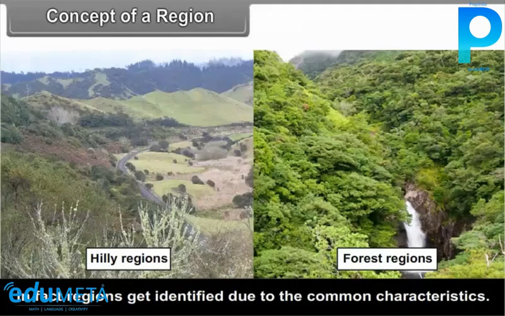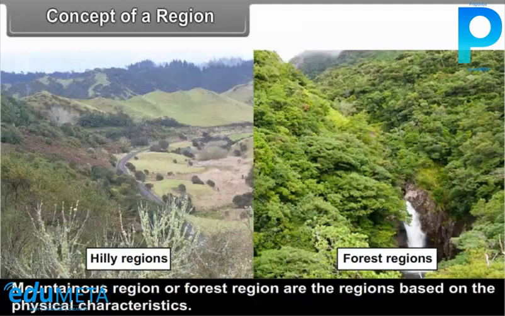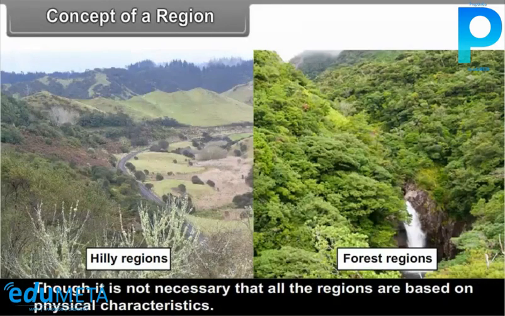In fact, regions get identified due to the common characteristics. Mountainous region or forest region are the regions based on the physical characteristics. Though it is not necessary that all the regions are based on physical characteristics.